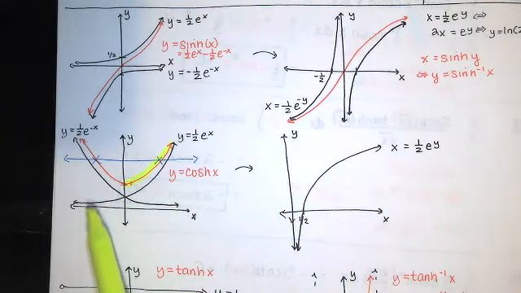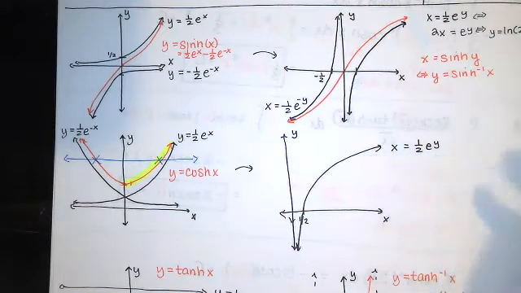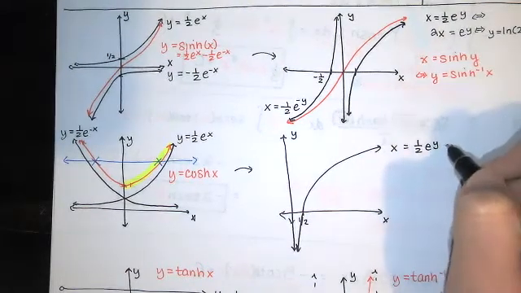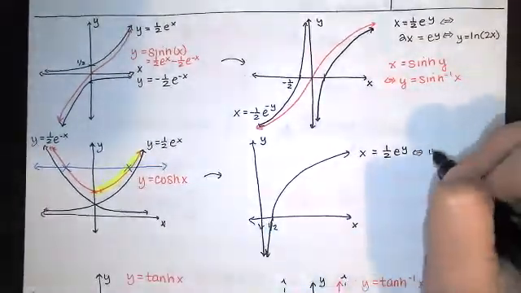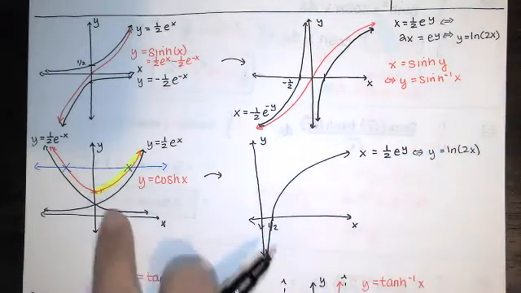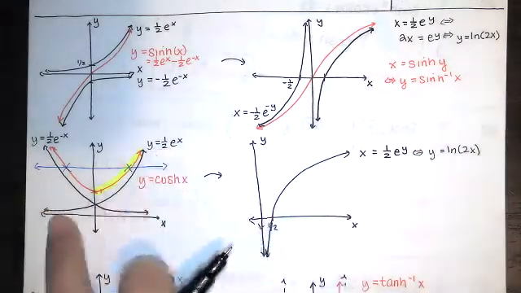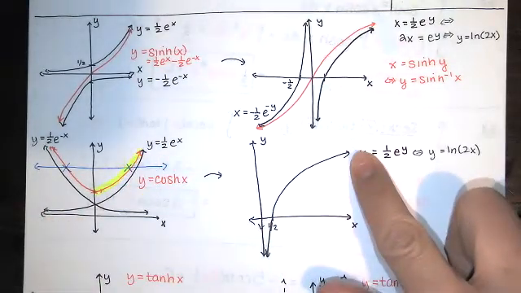So instead of drawing this curve and this curve, I just drew the inverse of y equals 1/2 e to the x, which is x equals 1/2 e to the y. As we saw up here, that's equivalent to y equals natural log of 2x, which I think makes sense, that the inverse of that function is this function.